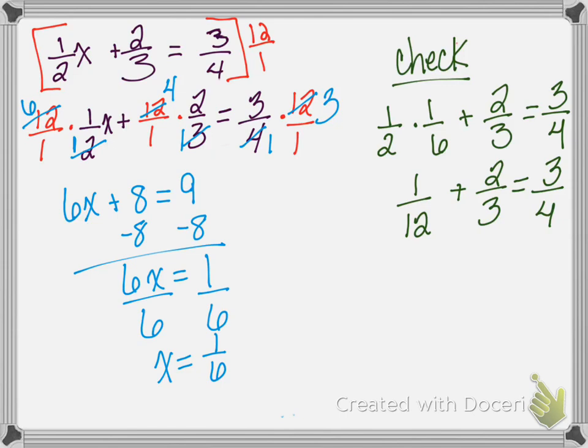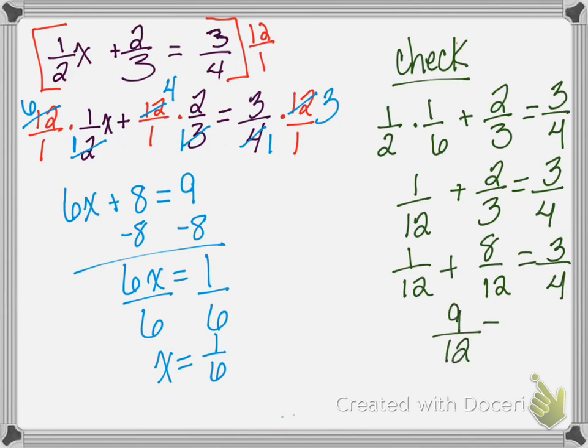Okay? I'm going to change my 2/3 to something over 12. 3 goes into 12 4 times. 4 times 2 is 8. 1/12 plus 8/12 is 9/12. And is 9/12 the same thing as 3/4? Yes, it is. Okay? So, a much more straightforward way to do that one. I think you'll be a lot happier.